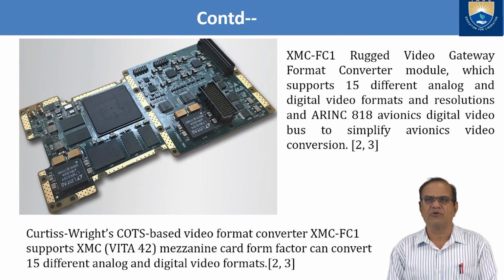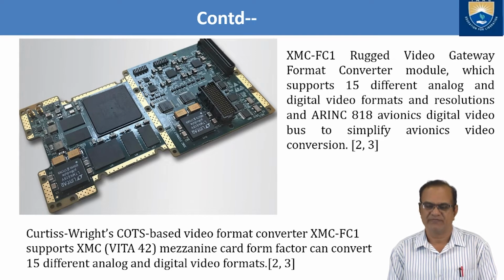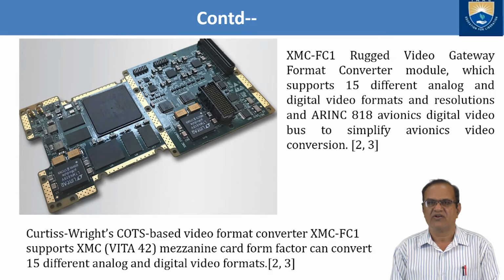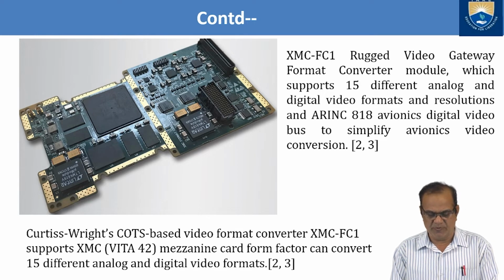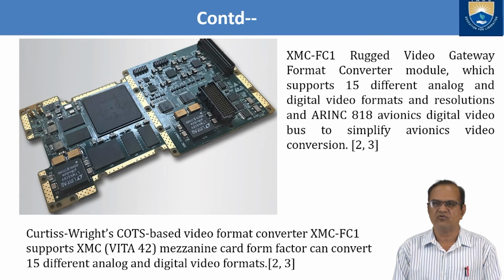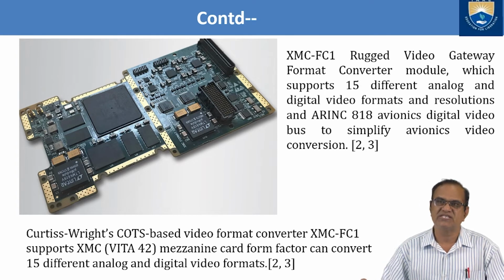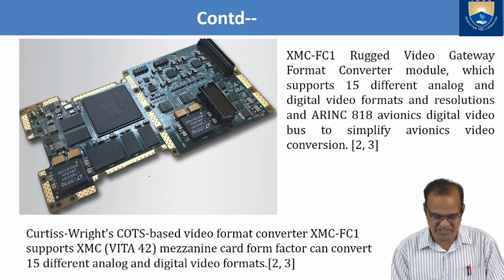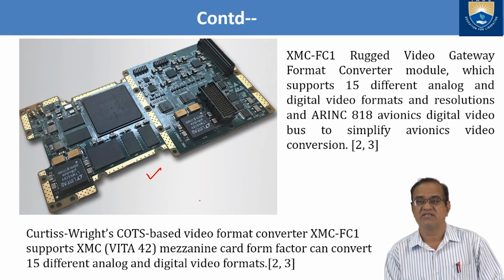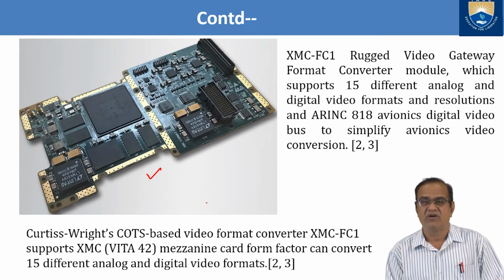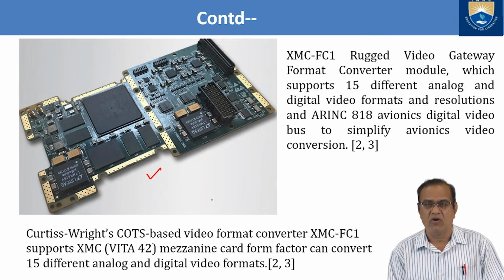Here I have put some examples. Curtiss-Wright's COTS-based video format converter XMC FC1 supports the XMC VITA 42 mezzanine card form factor and can convert 15 different analog and digital video formats. So this equipment can convert formats with very high accuracy and very high speed.